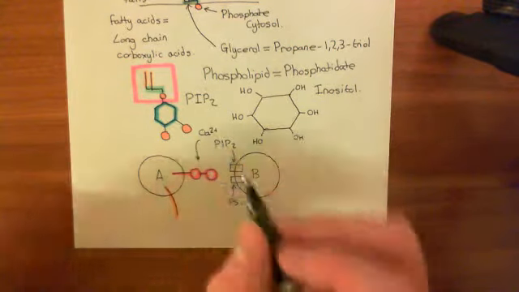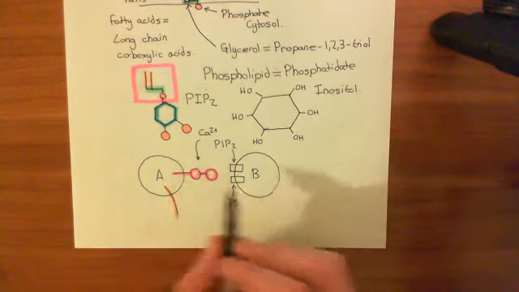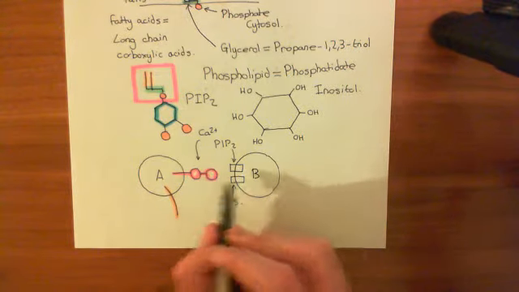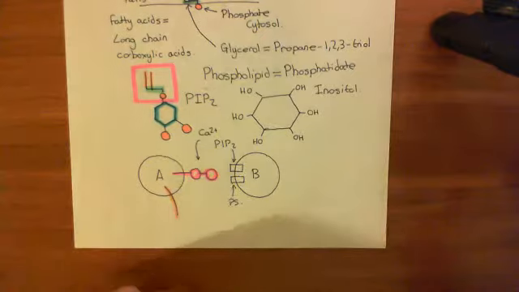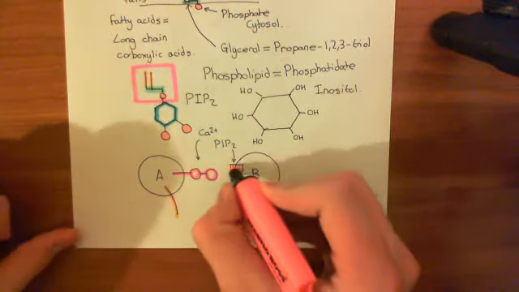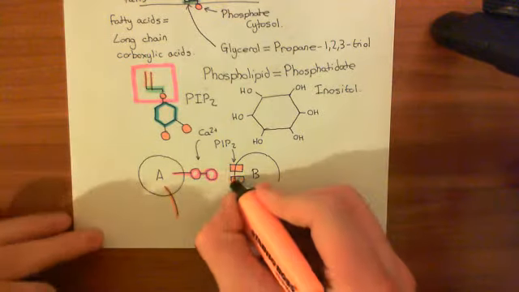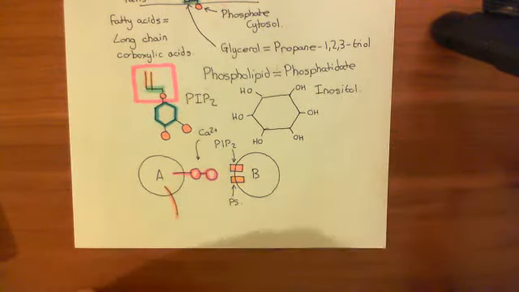Okay, so we take these two types of liposomes, liposome A with synaptotagmin in, and forget the synaptobrevin at the moment, and then liposome B, which has PIP2 in its phospholipid bilayer, and also phosphatidylserine in orange here in its lipid bilayer.